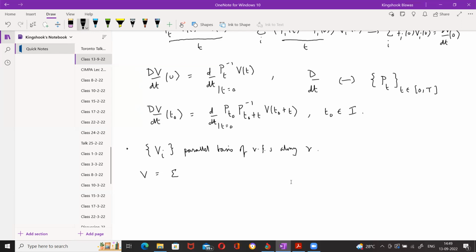So suppose V is the summation of F_i V_i and W is the summation of G_j V_j. Let me look at the inner product between V and W. So this is going to be a sum over i, j of F_i G_j.